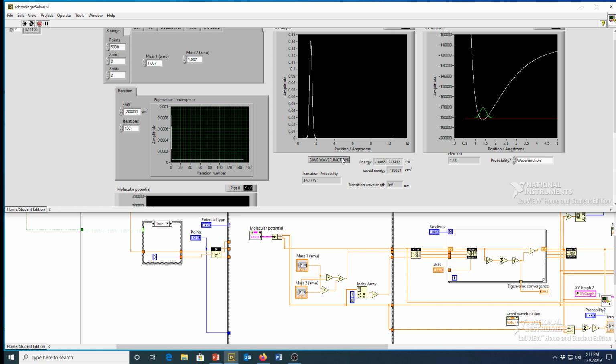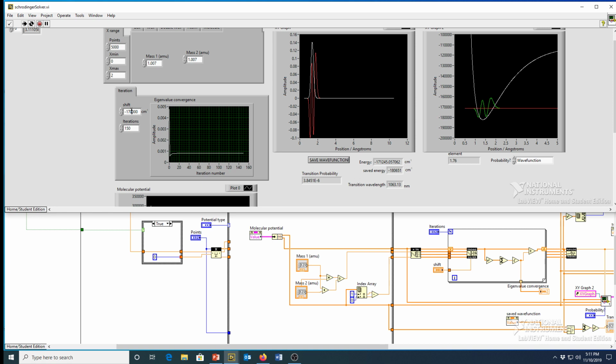Let's save this wave function and find our V equals 1. A little bit too far. There we go. Okay, there's a transition wavelength. That is something in the near IR.